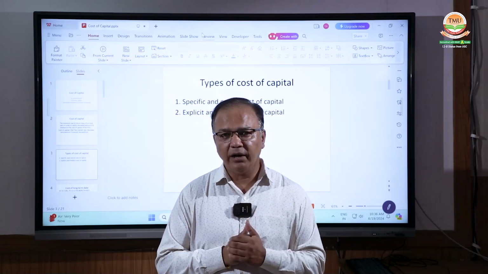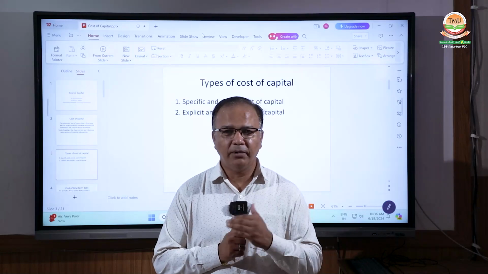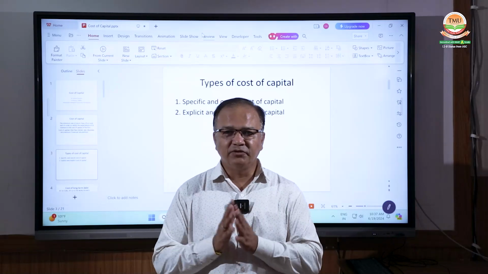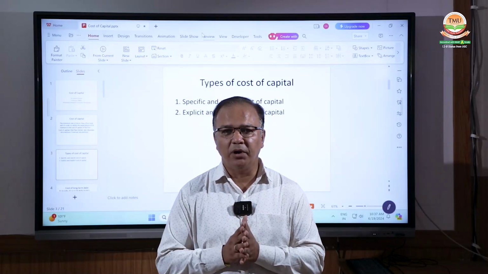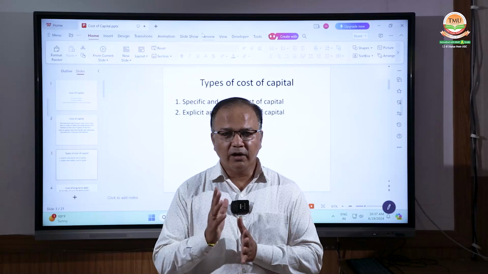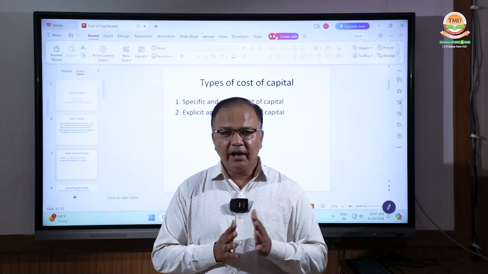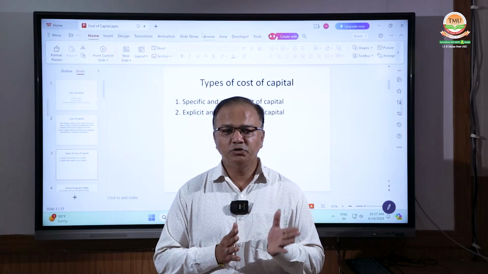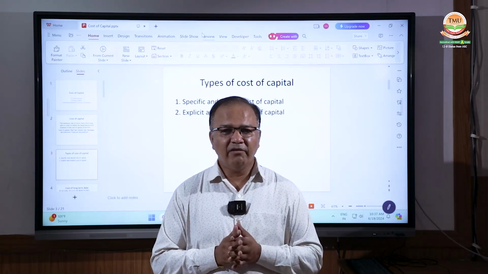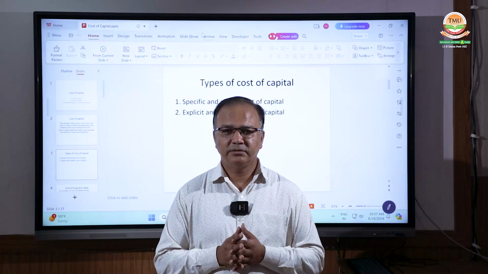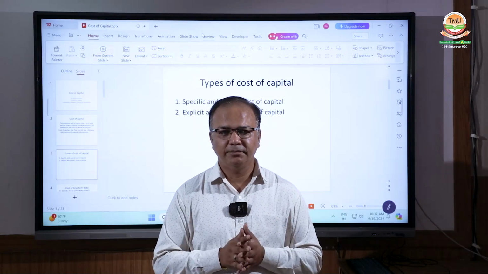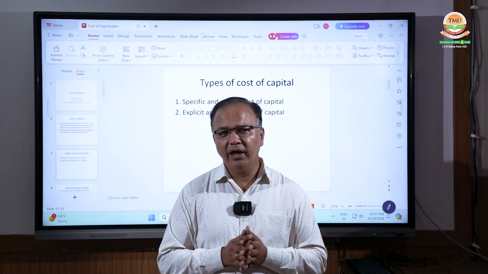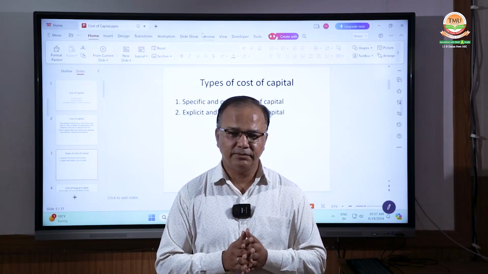And whenever you have to calculate the overall cost of capital, I am taking another example. Suppose for another firm, I am using another formula. Suppose I had to collect 1 crore rupees and I am getting 25 lakh at the rate of 10% by issue of long-term loan, 25 lakh by debenture at the rate of interest 12%, 25 lakh by way of equity and 25 lakh by way of preference share.